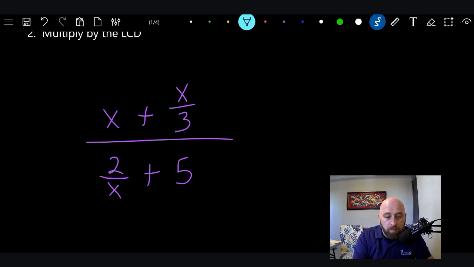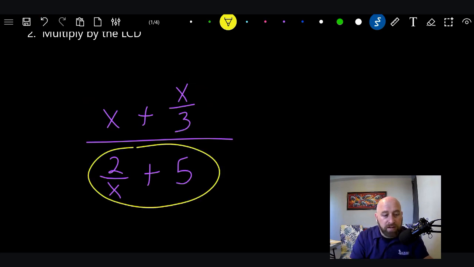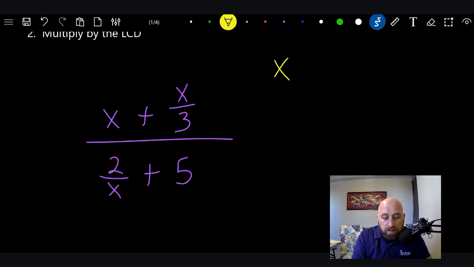Here's what we want to do. We want to do this fraction up here, and then we're going to do this fraction down here. In other words, we want to take x plus x over 3, and we want to combine them together into one fraction. Well, how do we do that? We find the LCD. You do have to find the LCD on this because you have to add them together. Well, the LCD is pretty easy in this one. It's 3. So we're going to multiply this by 3 in order to get our fraction to have denominator 3.